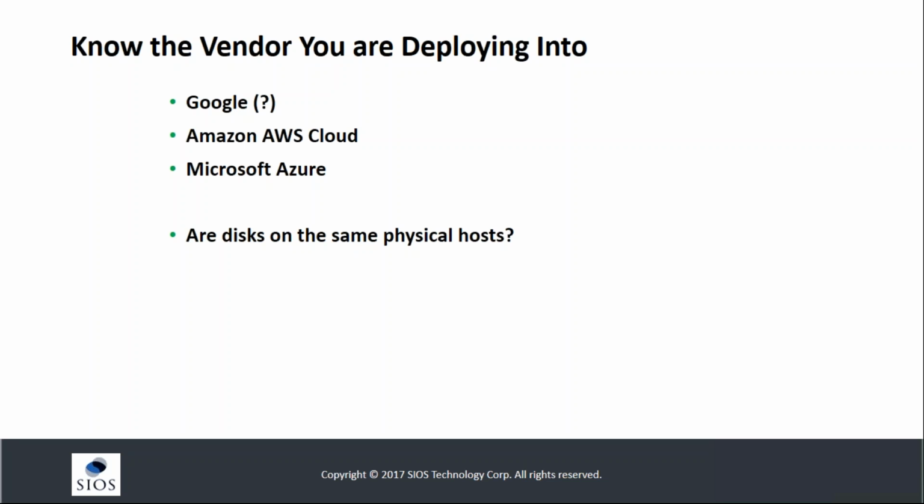Some of the questions that you'll need the people that work on this to know are things like, are the disks that we're using on the same physical hosts? From what I know about Amazon and Microsoft's Azure, they are not. When we talked to these guys last, it was a year and a half ago in Azure, and everything was on a storage network.